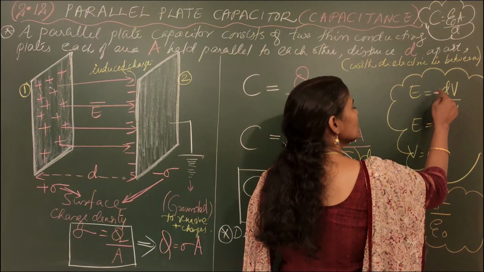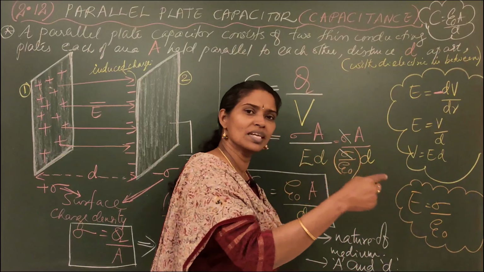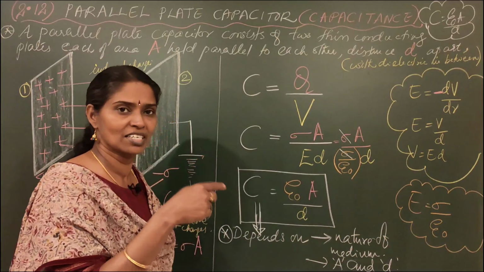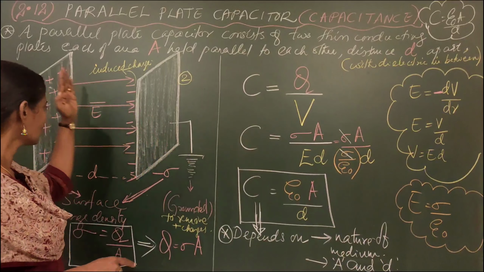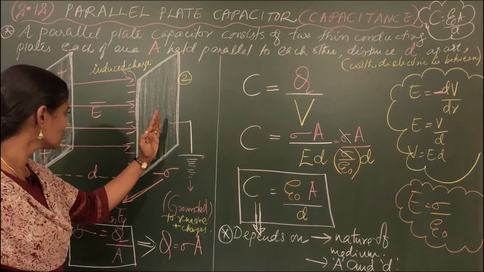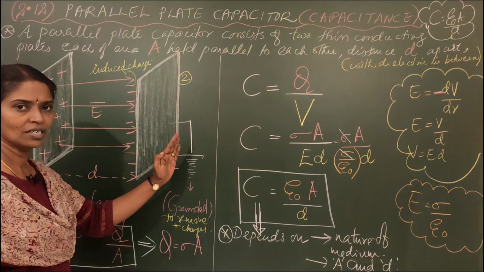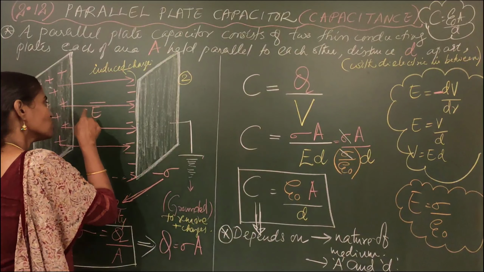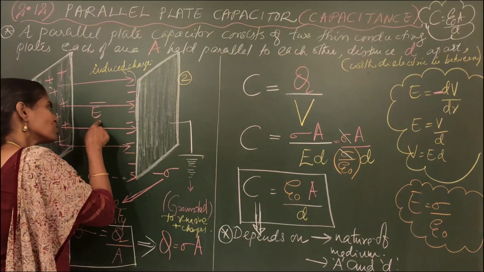That decreasing direction is that of the electric field. When you look at the figure, it is very clear. This is the positive plate, this is the negative plate, so the potential reduces from left to right, and the electric field is also from left to right.